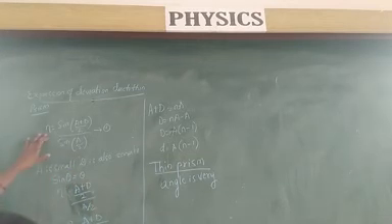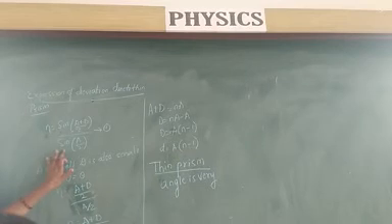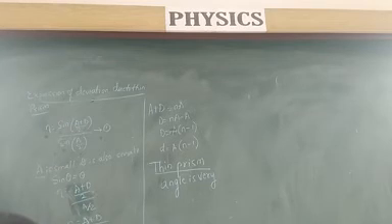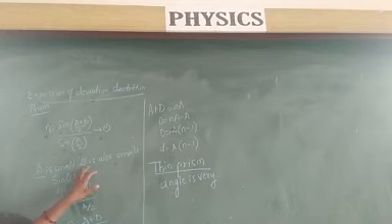Now here we have taken eta or n is equal to sin (A plus D) by 2 whole divided by sin A by 2. Consider this as equation 1. This equation we are getting from Snell's law. Next, if the angle of prism capital A is very small, D is also small. D means the angle of minimum deviation.